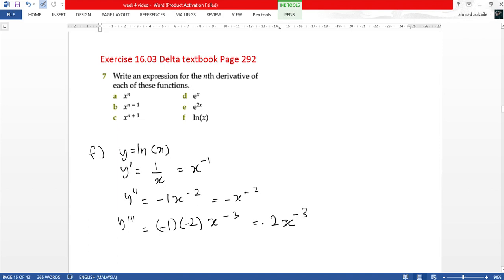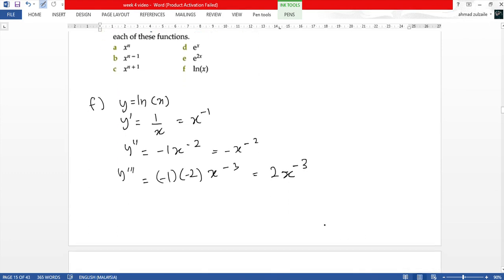Okay, so what we can do over here is consider the coefficient.